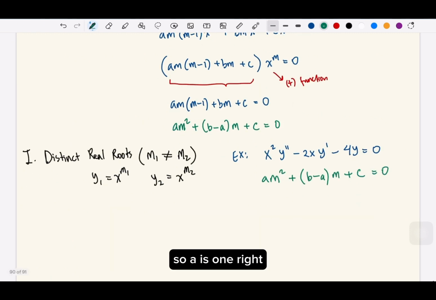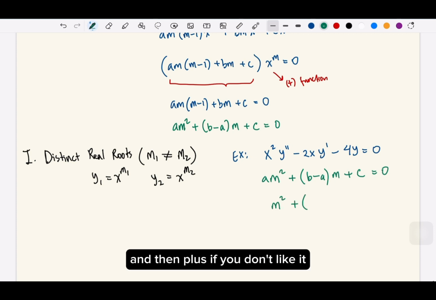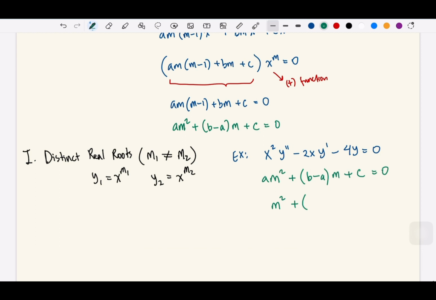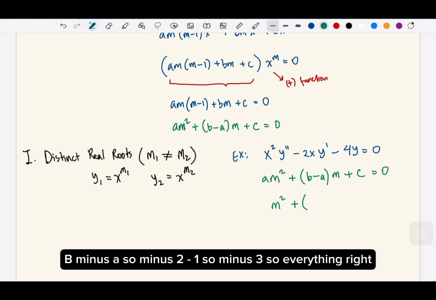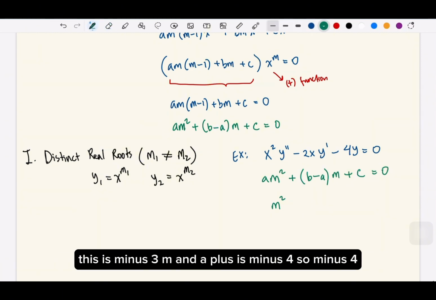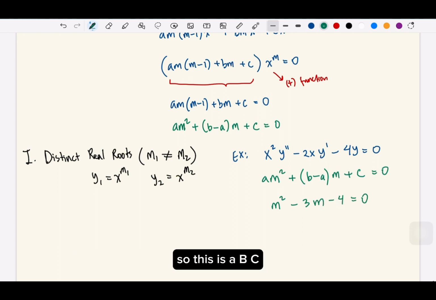So a is 1, right? And then b minus a is minus 2 minus 1, so minus 3. So this is minus 3m, and c is minus 4. So this is a, b, c.